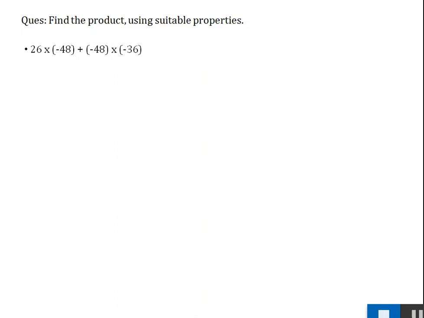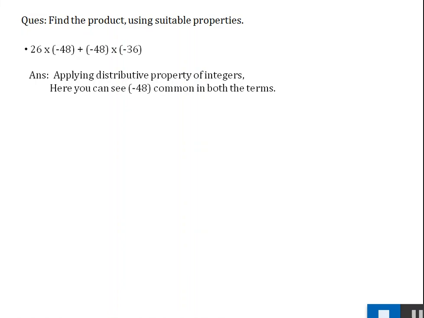You can see negative 48 is common in the first term and the second term. So by applying distributive property of integers, negative 48 is common in both the terms. So we'll take negative 48 out.